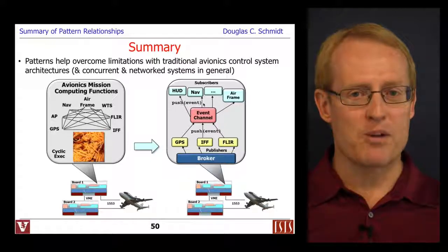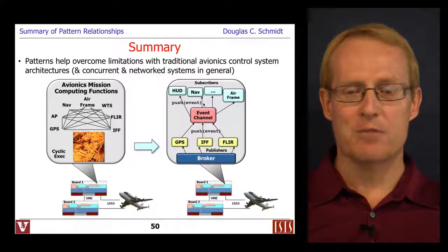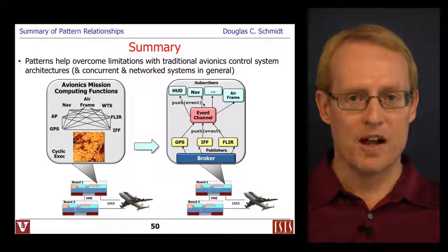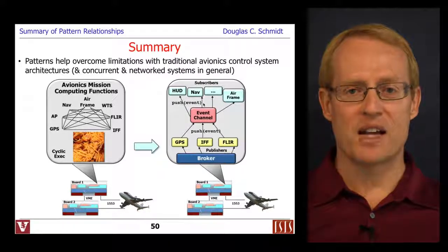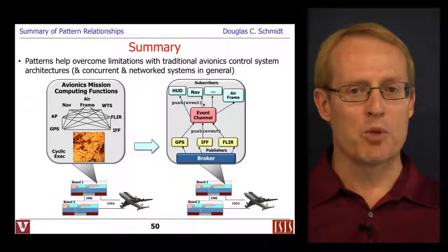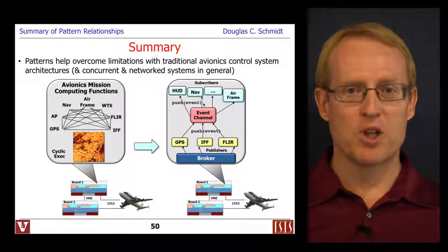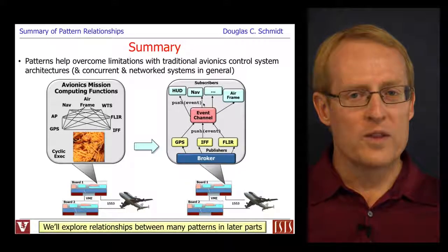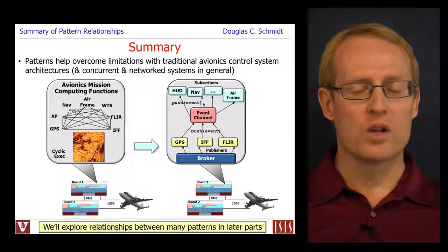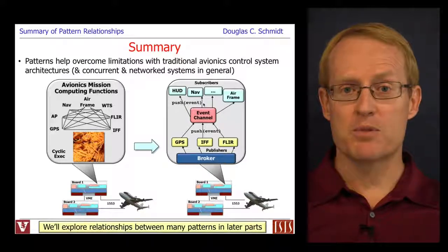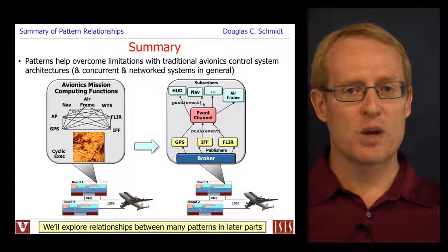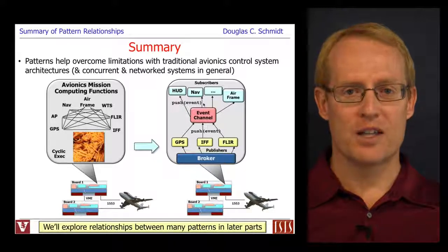We apply these patterns very effectively to move away from a very brittle and tightly coupled and hard to schedule, hard to evolve, costly avionics control system solution to come up with one that was much more modular, much easier to understand, much easier to maintain. In the rest of this particular module, we'll explore other relationships between the patterns we've covered so far, as well as other patterns that occur in this particular space.